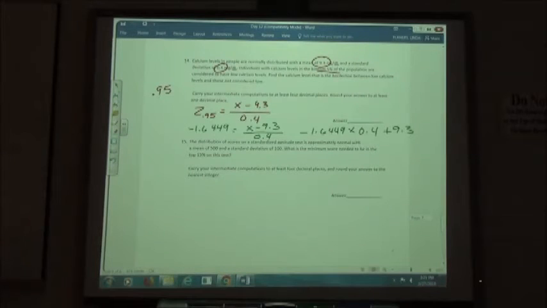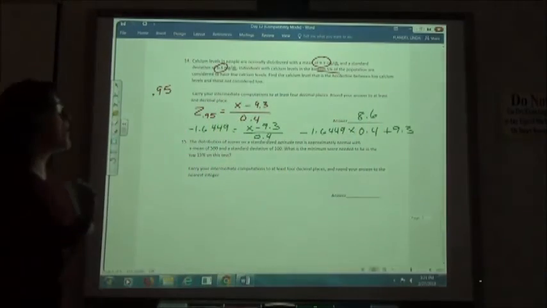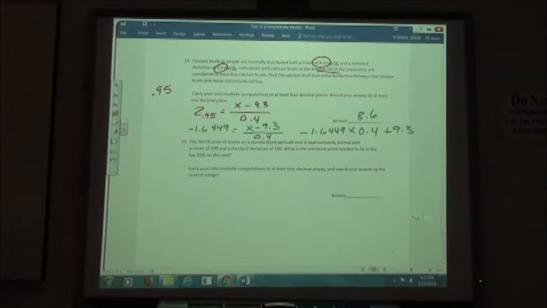And round it to 1 decimal place once you get it all punched into the calculator. So we're just going to use 8.6 since we're going to 1 decimal place.